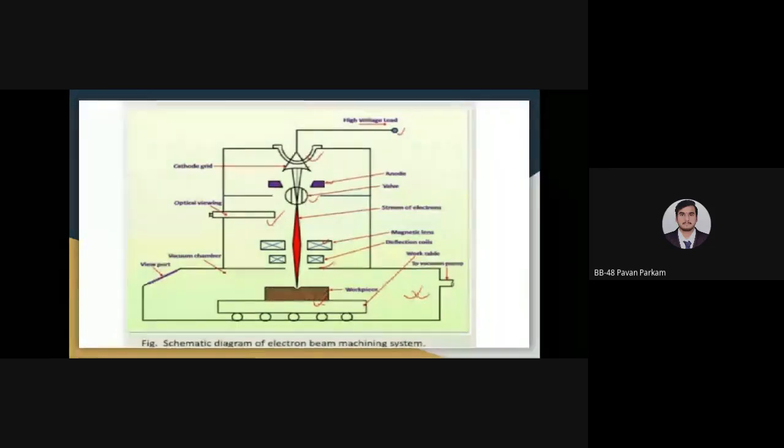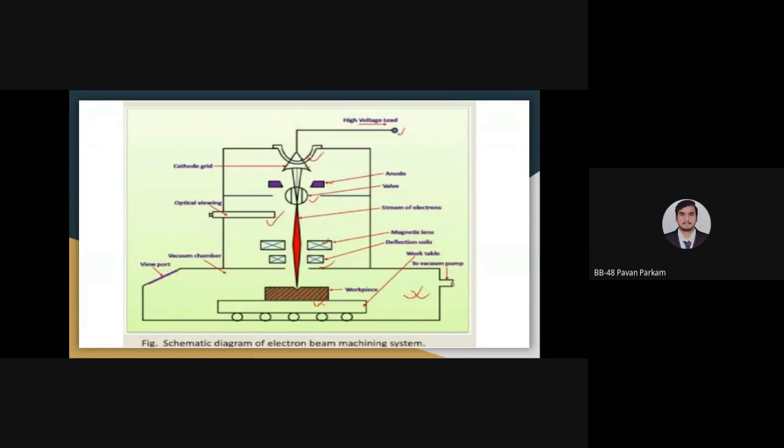When molten material deposits on your machined surface, the recast layer is produced. So due to the chemical backing material, that recast layer will be reduced.